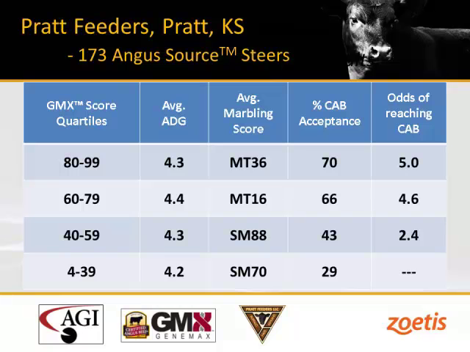But for the high group of animals, they graded 70% CAB and better. They were 5 times more likely to make CAB marbling specs than the animals that ranged from 4 to roughly a score of 40. And you can see the probability of making CAB greatly increases as the GENEMAX score increases.